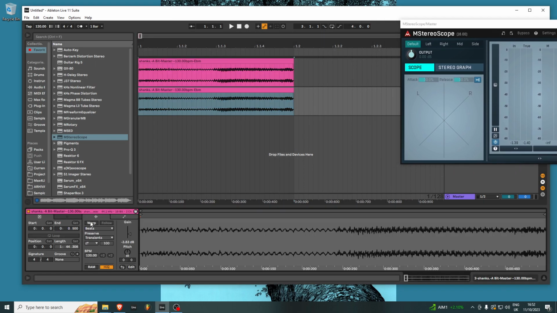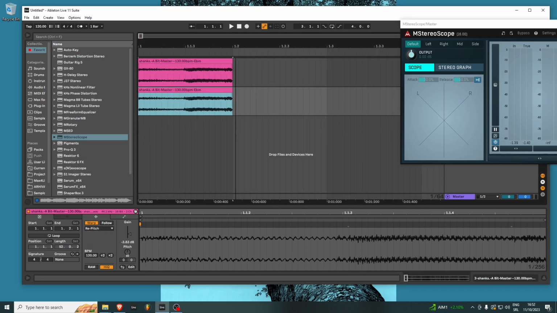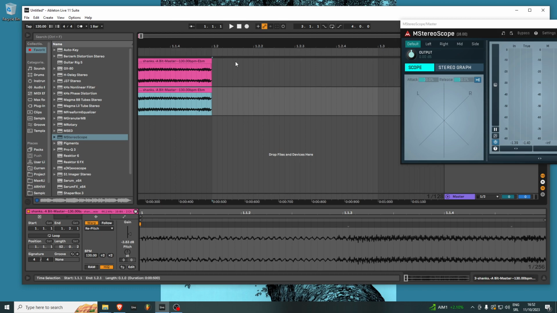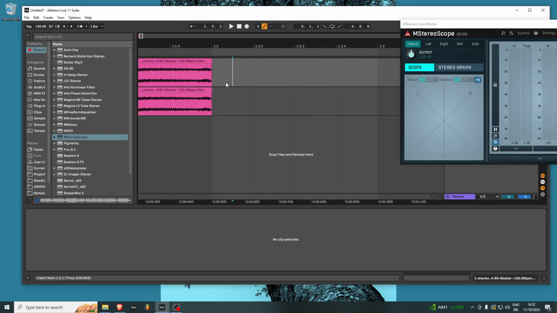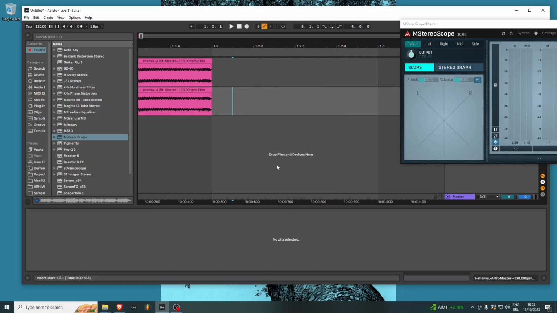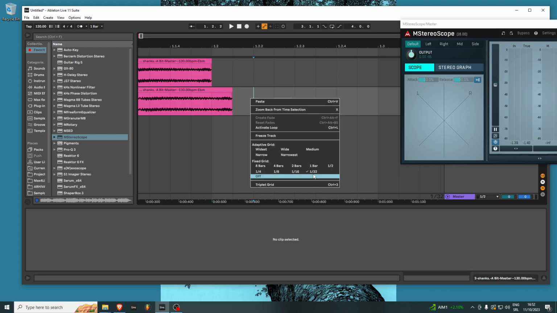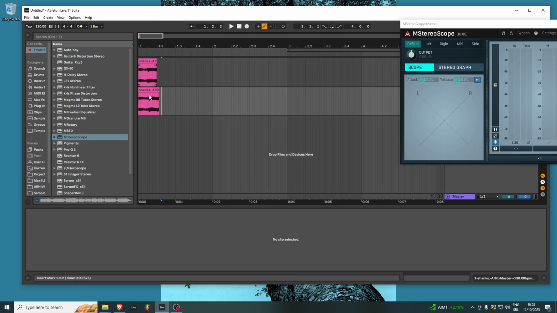and I'll warp it, and I'll offset it by, what is this, maybe... Okay, I'll offset it by a 32 note division.